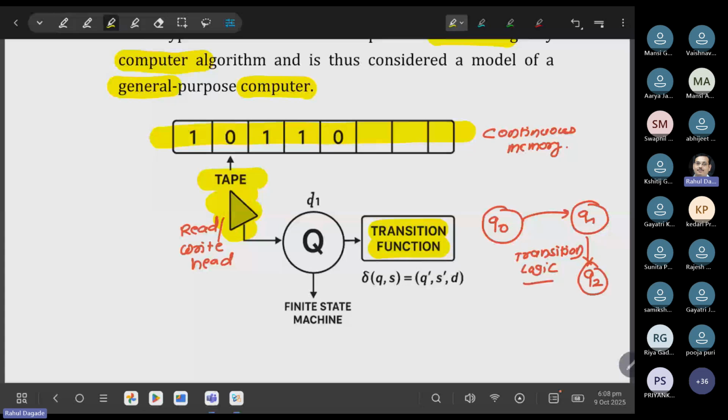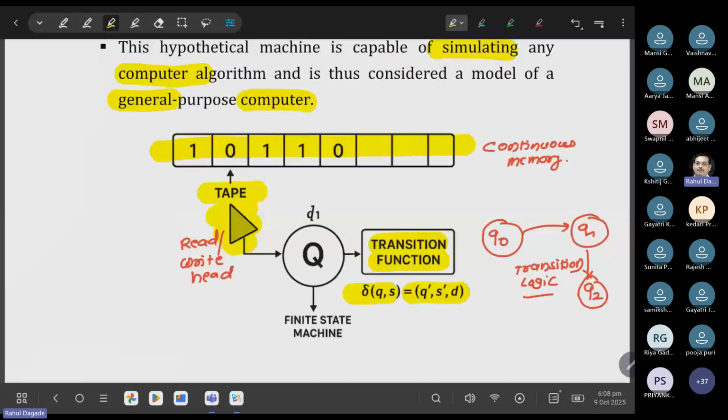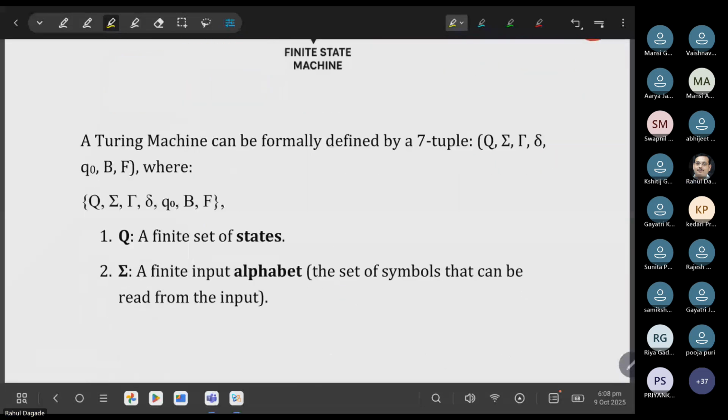This transition logic in a Turing machine is represented like this. We will study this delta function in the 7 tuple format. So this is the Turing machine.